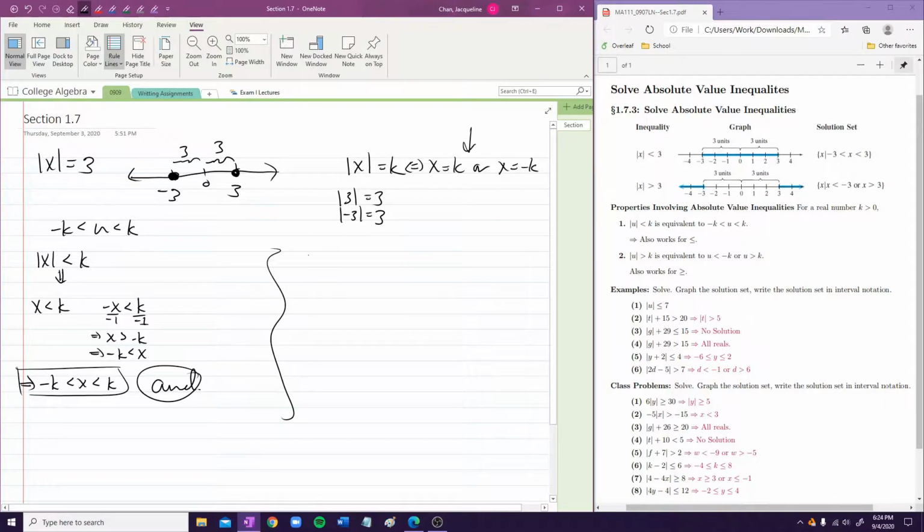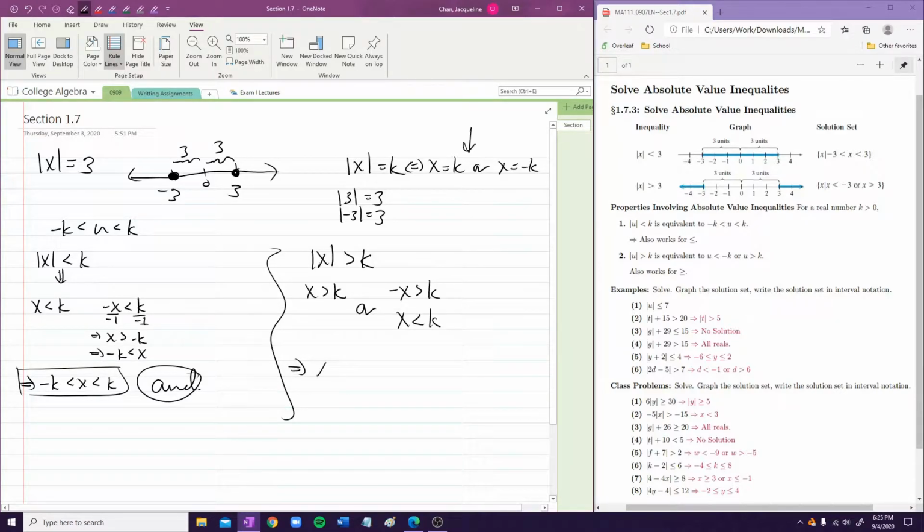And then what about absolute value of x greater than k? Same thing. I have x greater than k, and I have -x greater than k. If I solve, then I get x is less than -k. This one is split by the compound word or.